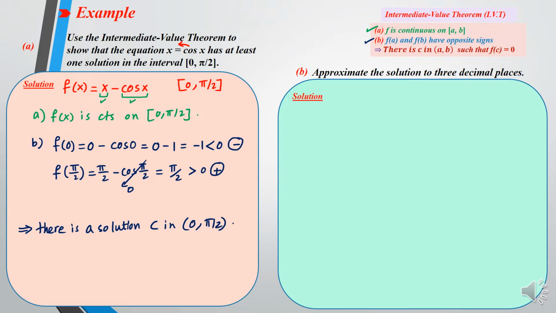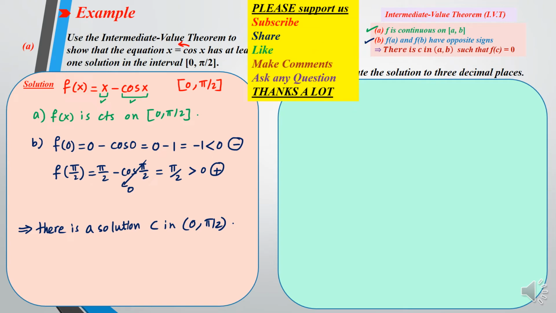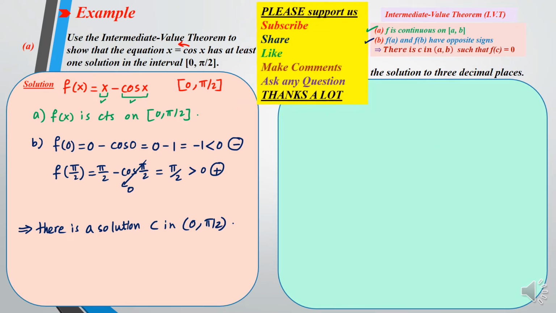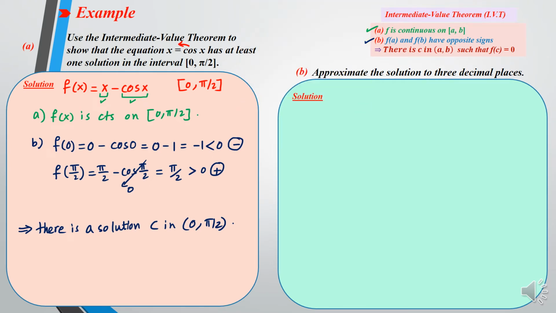Now you have to find this solution in part B, and in part B we have the question: approximate the solution to 3 decimal places, and in this part you have to use the midpoint procedure to find c.